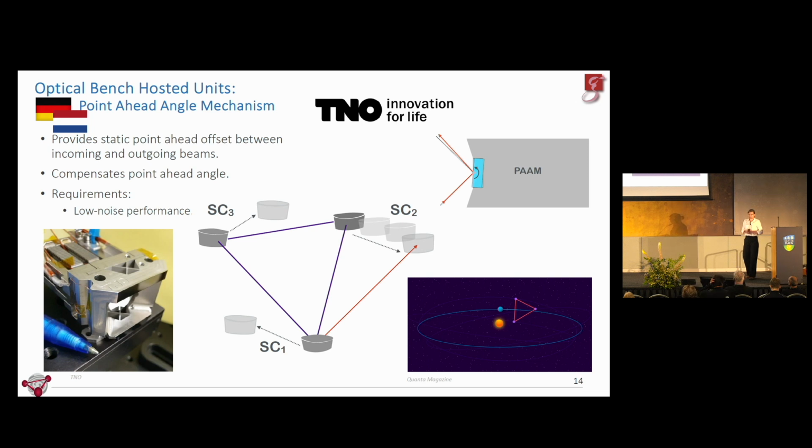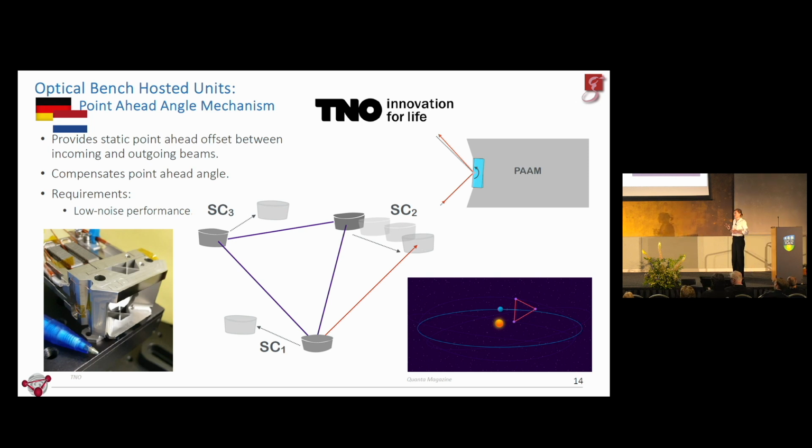Now, IDS needs to provide the point-ahead angle mechanism. Unfortunately, because it's PDF, my video is not working, but I think everyone is familiar with those renderings where we have the LISA constellation running around the sun. What is missing in those ones is the fact that we actually have a delay between spacecraft.